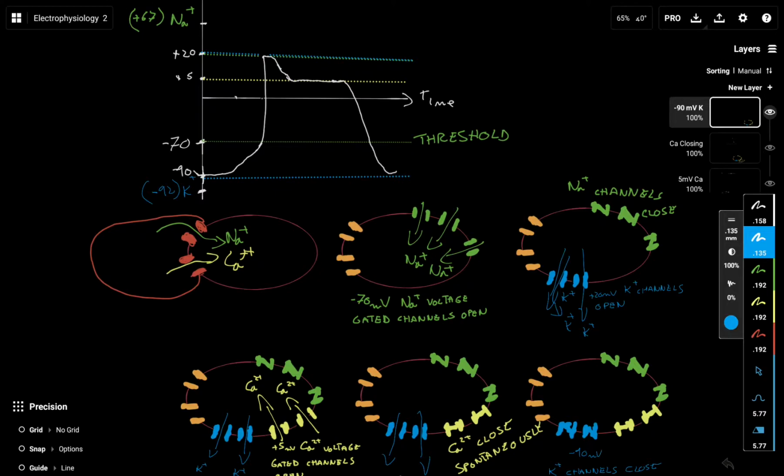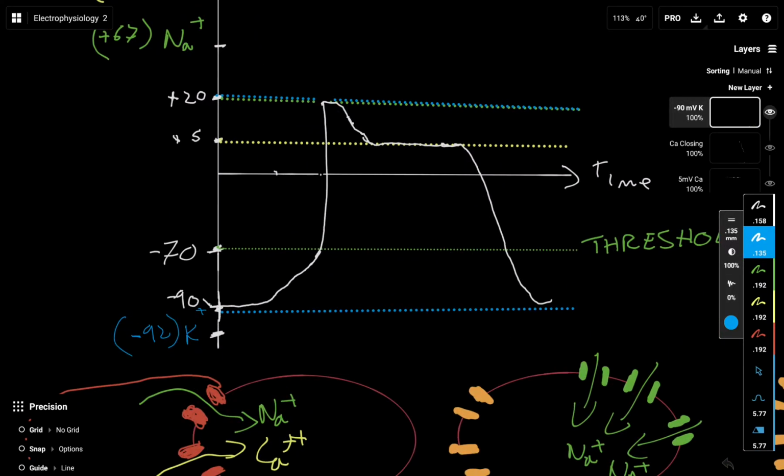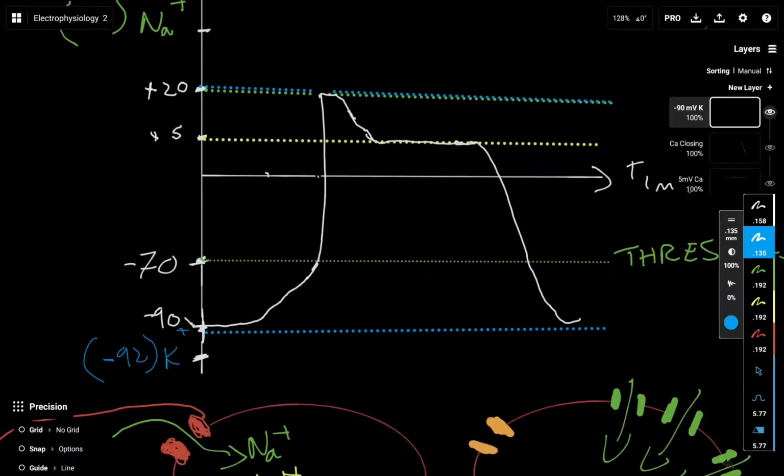So just to conclude, I would like to name a few of the phases in here. So this flat stage at the beginning that precedes the rapid depolarization is called phase 4.